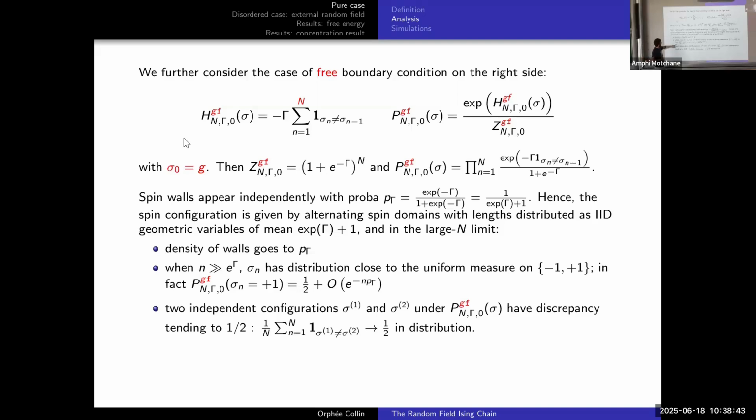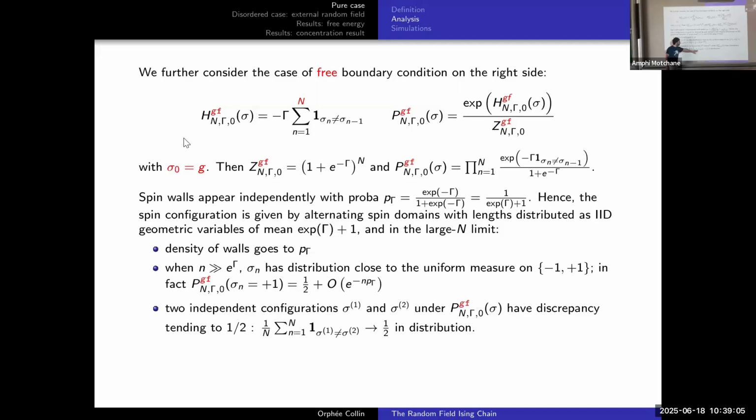In fact, the convergence is exponential with rate p gamma. And also, if you consider two independent configurations under this measure, typically they're going to overlap with density one half. So I stated it in this way.